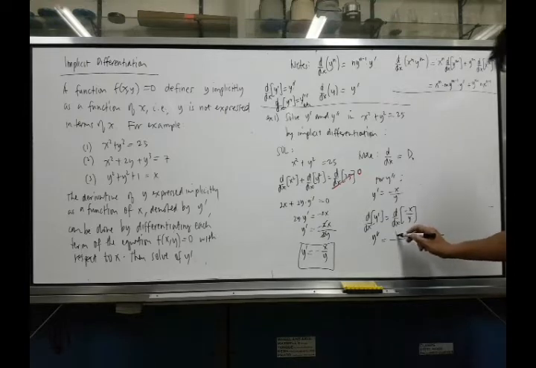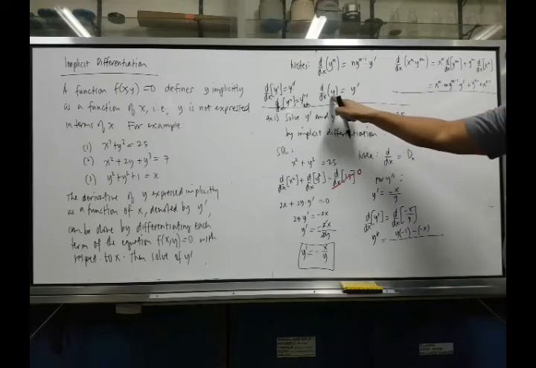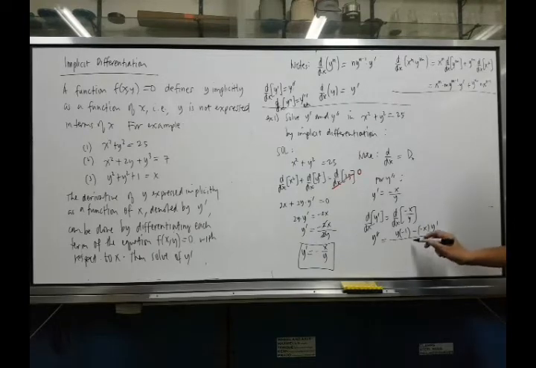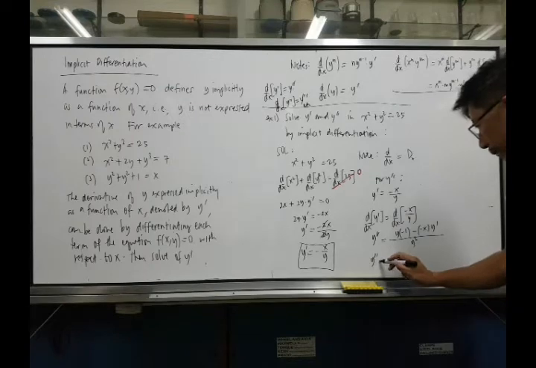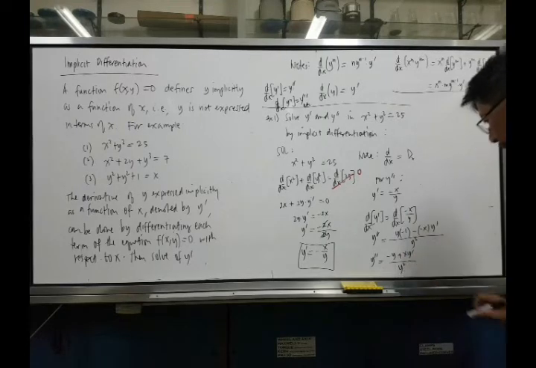So we have the denominator times the derivative of negative x, which is negative 1, minus negative x, the numerator, times the derivative of the denominator. The denominator is just y, so the derivative of the denominator with respect to x is y prime. And then divided by the square of y, which is y squared. So if we simplify this further, this is negative y plus x y prime over y squared.